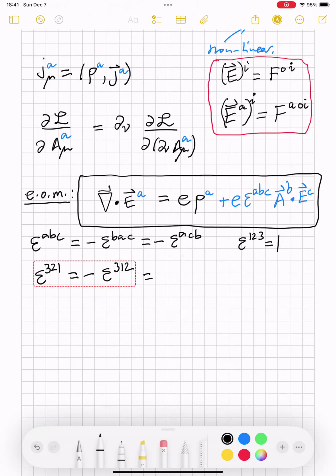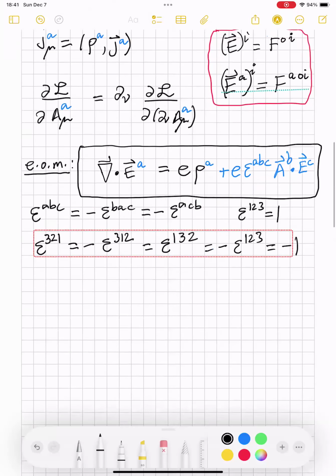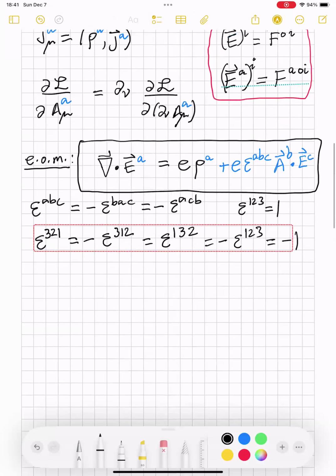And this will be minus the value of epsilon 1, 3, 2. Here I've swapped 1 and 3. And now this will be minus epsilon 1, 2, 3. So this is minus 1. Good.